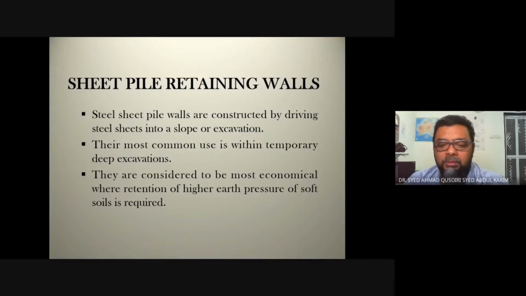It is considered most economical where retention of higher earth pressure of soft soil is required. When you want to retain soft soil such as sandy soil or clay soil, it's best to use sheet pile because it has an interlocking mechanism between the sheet piles themselves.